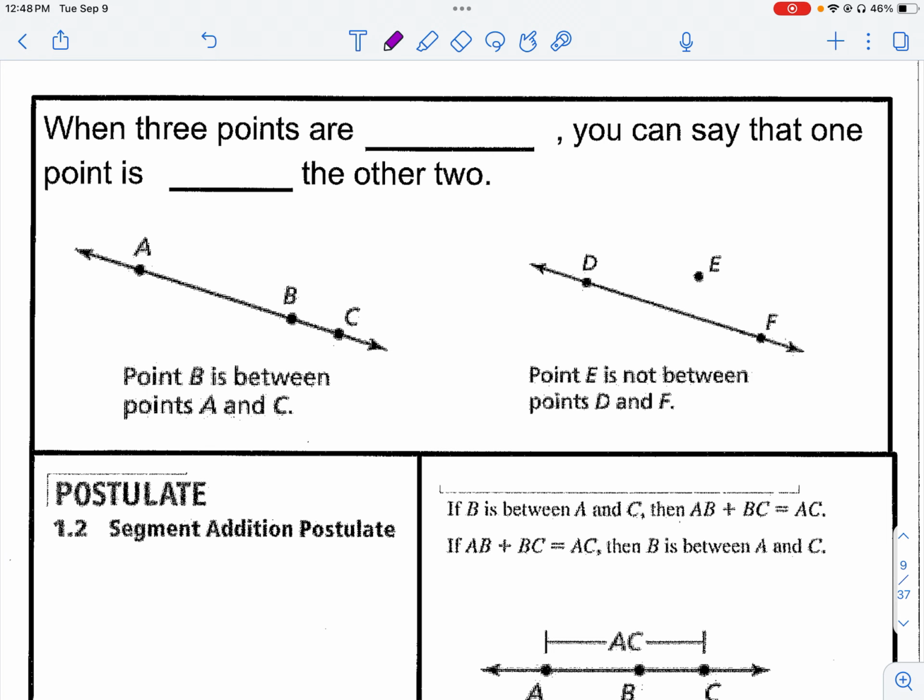Okay, the next idea we're going to talk about. When we have 3 points that are collinear, and we recall that means they're on the same line, we can say that one point is between the other two.